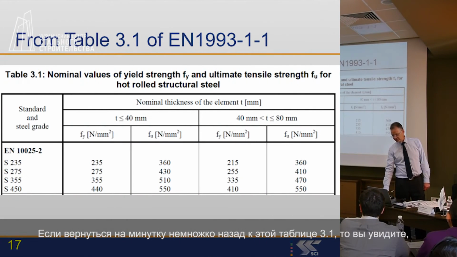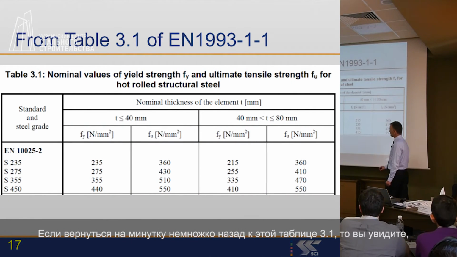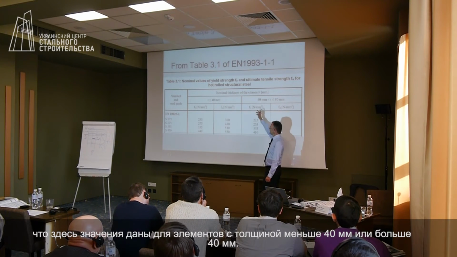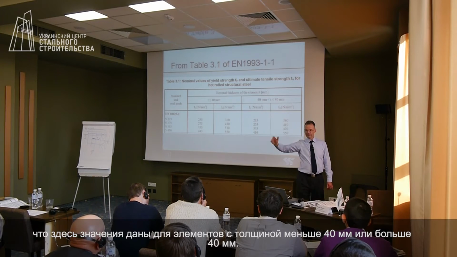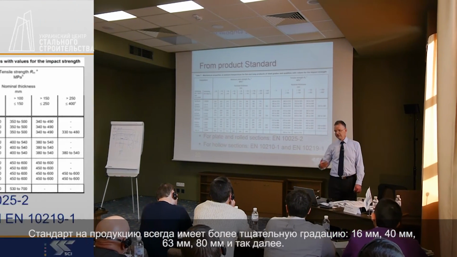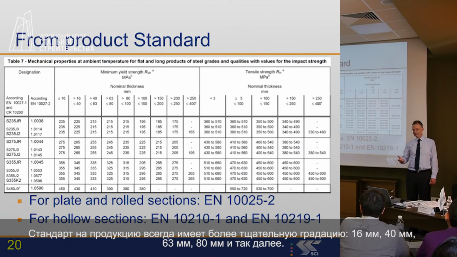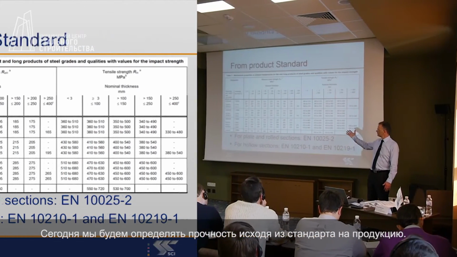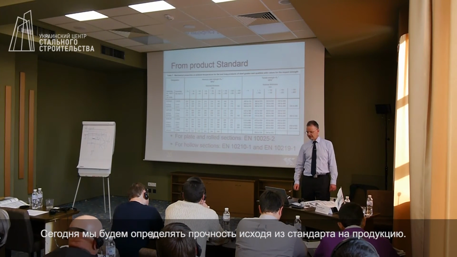If I go back just for one moment, you will see it's either smaller than 40 mil or greater than 40 mil. The product standard always has many more steps: 16 mil, 40 mil, 63 mil, 80 mil, and so on. Today, we'll take our strength from the product standard.